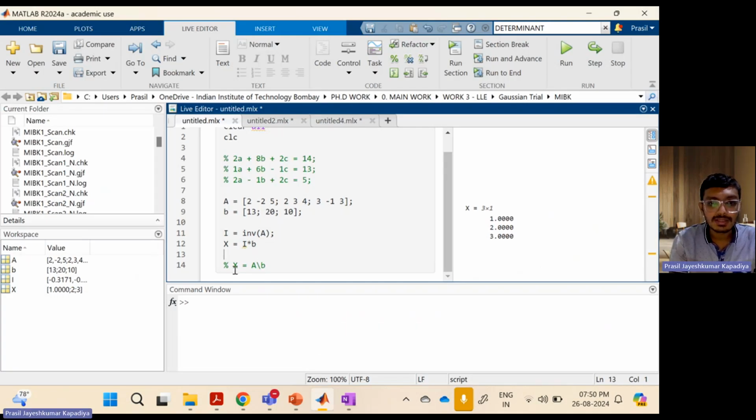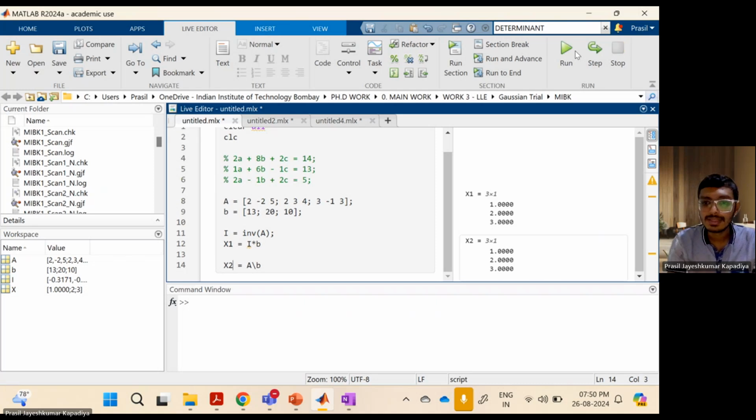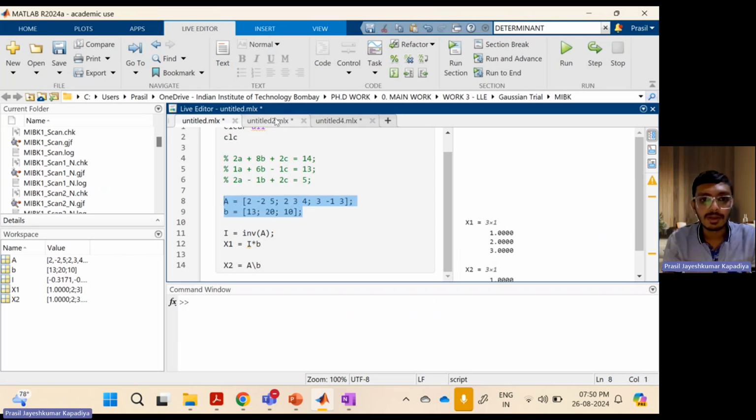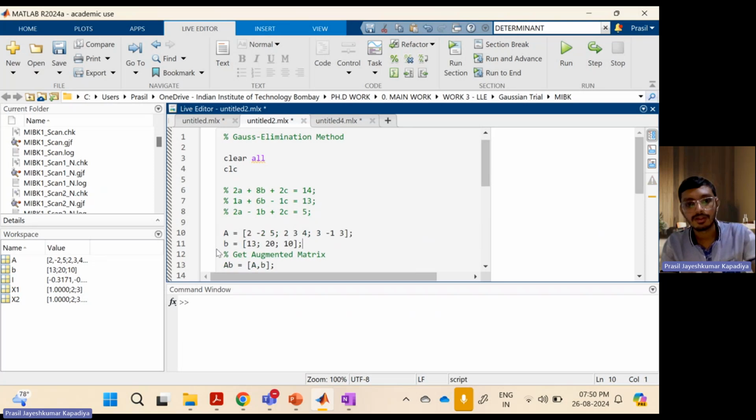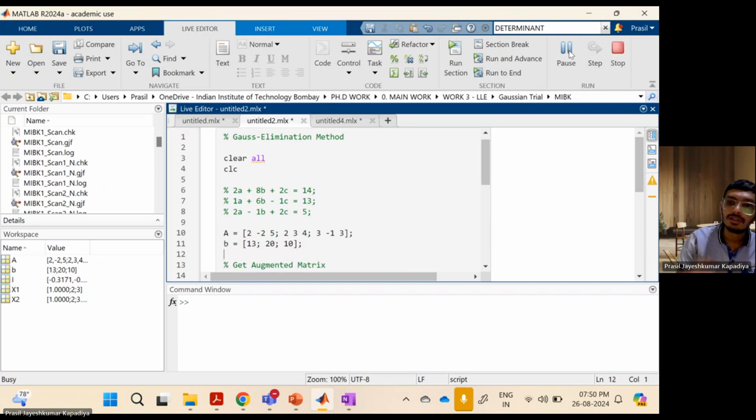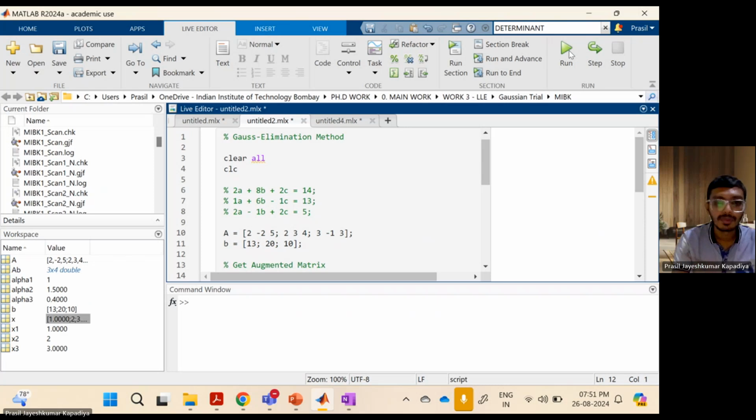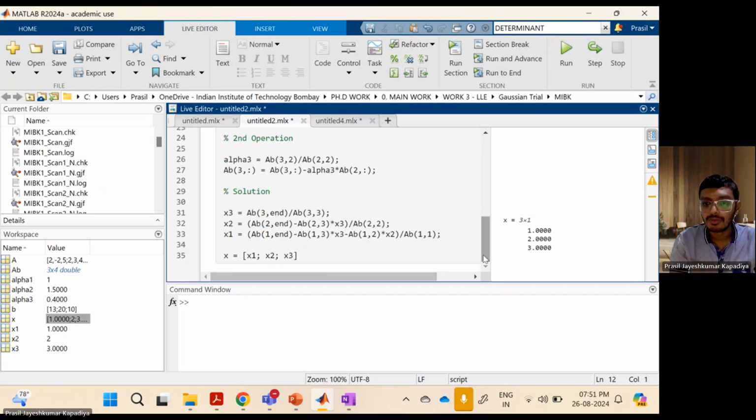Let's say I'm doing this A slash B. Same answer 1 2 3. Let's try to solve this using Gauss-Elimination method and see what we are getting. Oh, same answer 1 2 3.